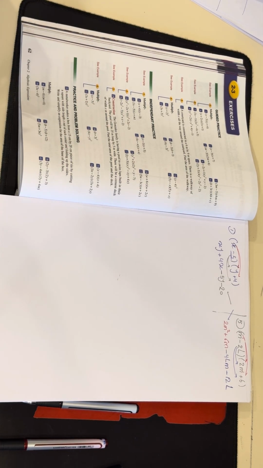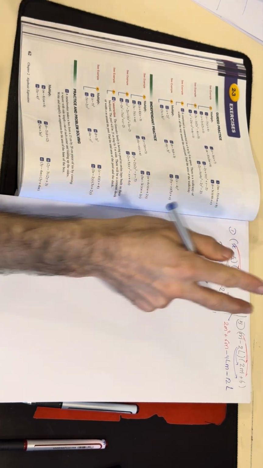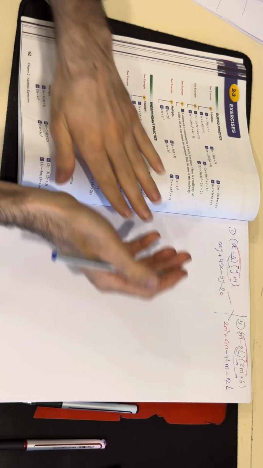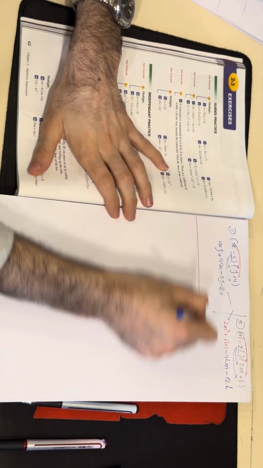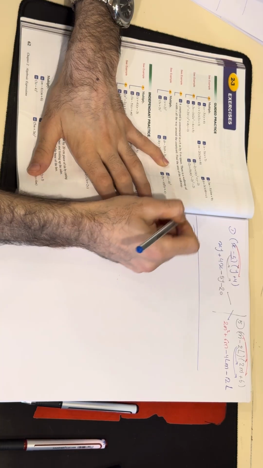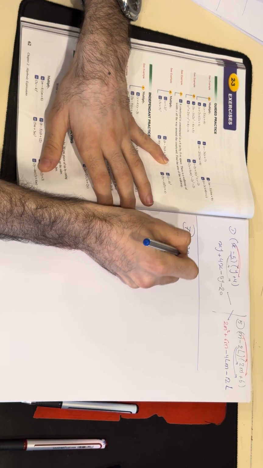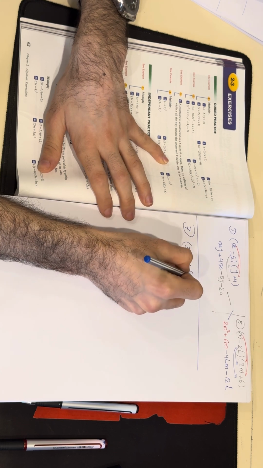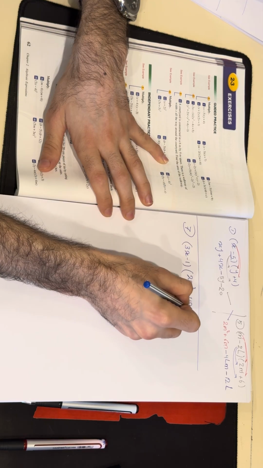That's how you multiply binomial by binomial, that means 2 terms by 2 terms. But what if I have 2 terms by 3 terms, like question number 7? What if I have 3x minus 1 times 2x power 2 minus 4x plus 5?